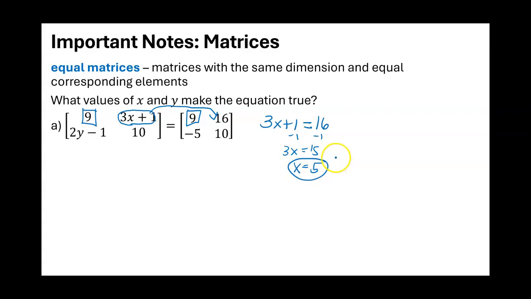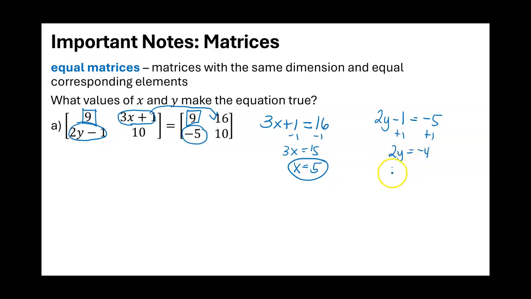As quick as that. Now this time, let's solve for y. As you can see, y is right over here on this element. So if we write our equation to solve for y, it's going to be 2y minus 1 is equal to what element? It is corresponding to this one, which is negative 5. Like I said, when we isolate our variable, you will have 2y is equal to negative 4.